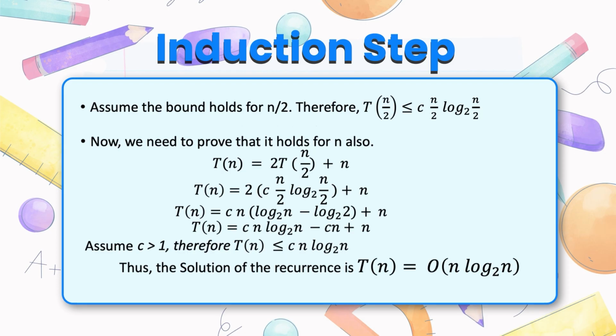Thus, we have now proved it. We started by assuming it, we proved it, and we found out that there exists a value of C. We assumed it for n/2, and with the help of induction we are able to prove that T(n) is less than or equal to Cn log2 n if it holds for n/2.